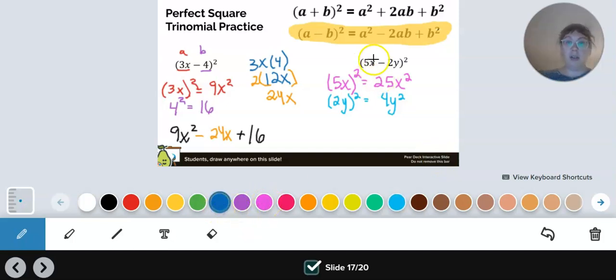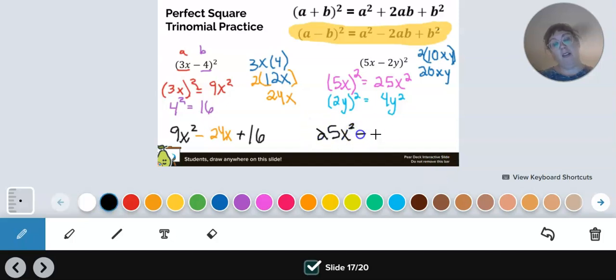When we take these two terms, 5x and 2y, and multiply them together, we get 10xy, and then we double that to get 20xy. Put it all together, we have 25x squared minus 20xy plus 4y squared.